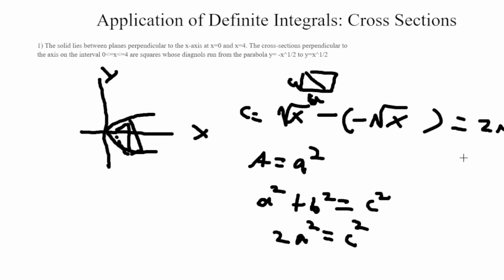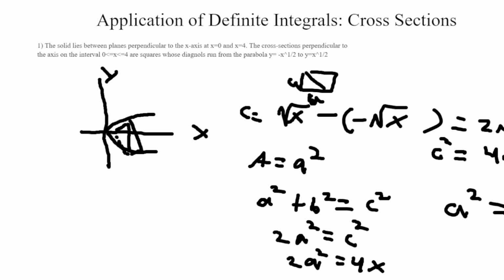And now if we square c, c squared will be 4x. So now we have 2a squared equals 4x. And now we could solve for a, divide 2 on both sides, and we get a squared equals 2x. And then we get a is equal to root 2x.